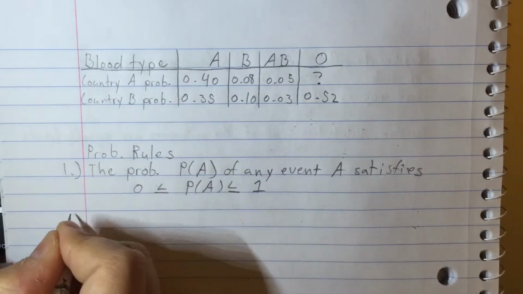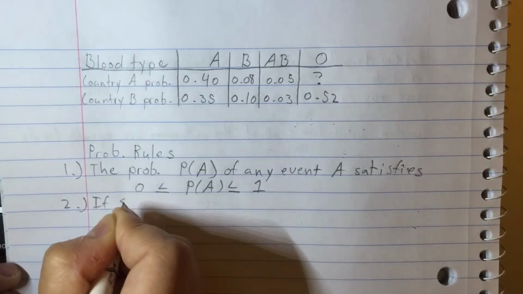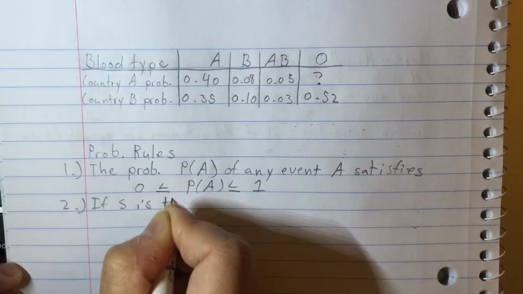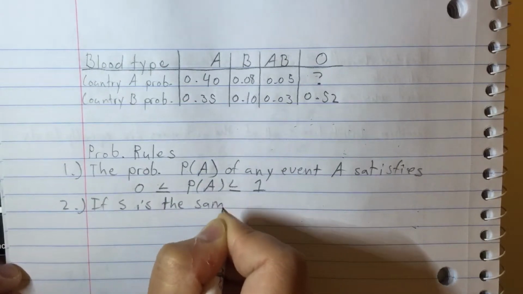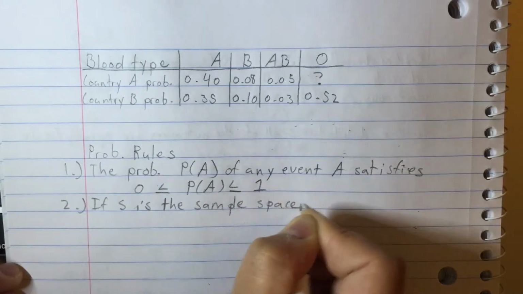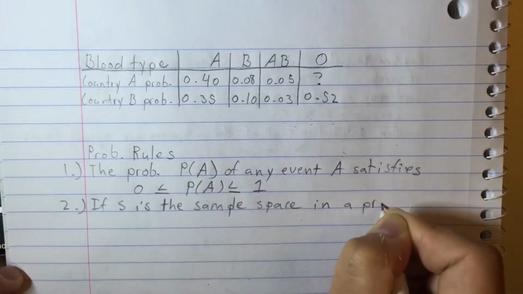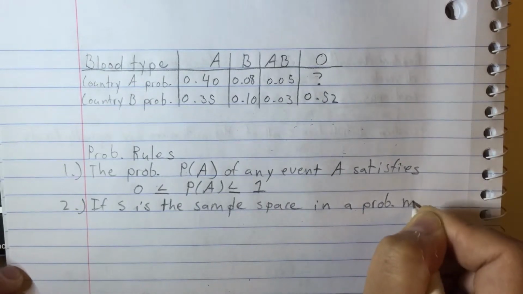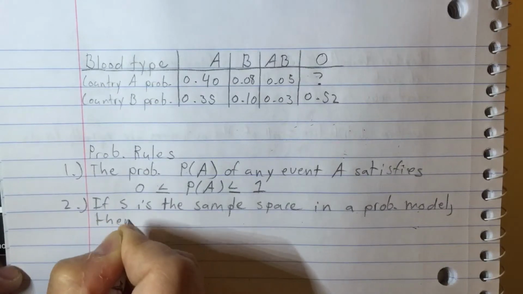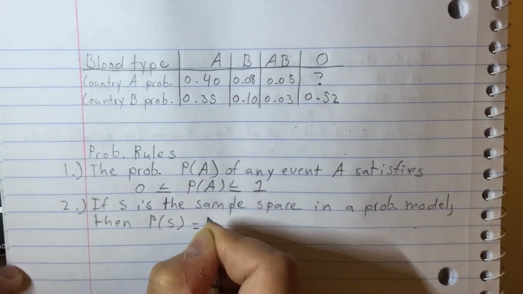Then rule number 2 is, if S is the sample space in a probability model, then the probability of S equals 1.